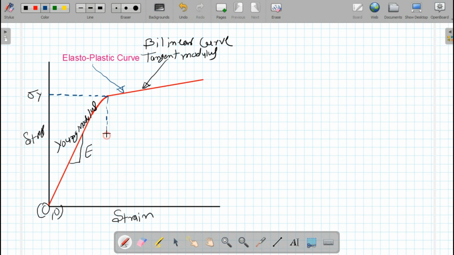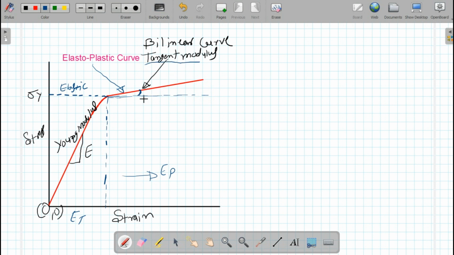If you see here, that's your elastic part, elastic strain, right? Now that side here is going to be your plastic strain, correct? So if you can see here, there will be one angle here. This we call the tangent modulus curve or bilinear curve.